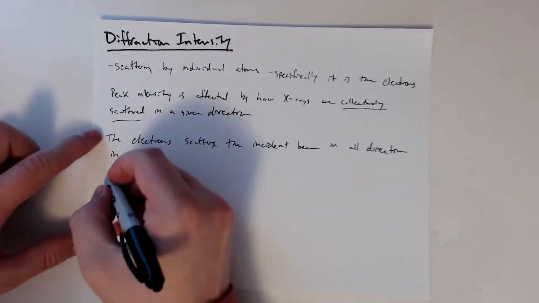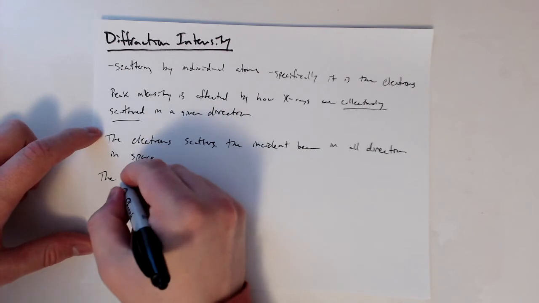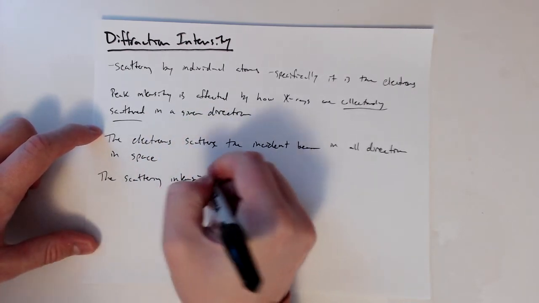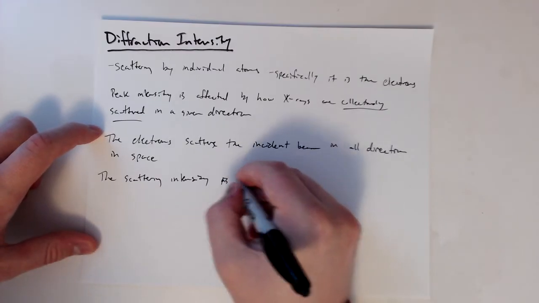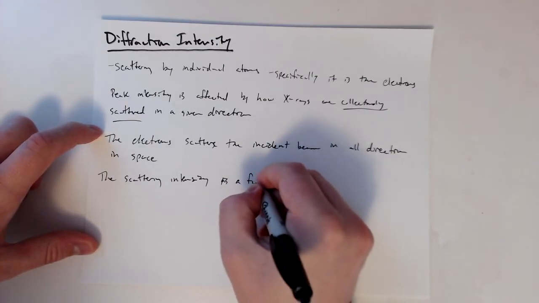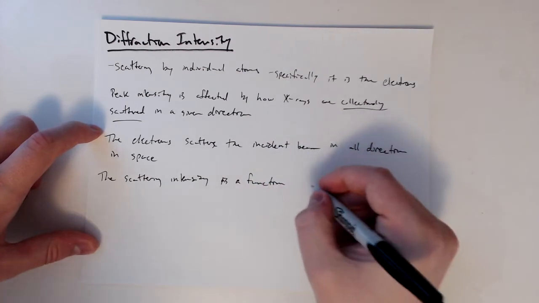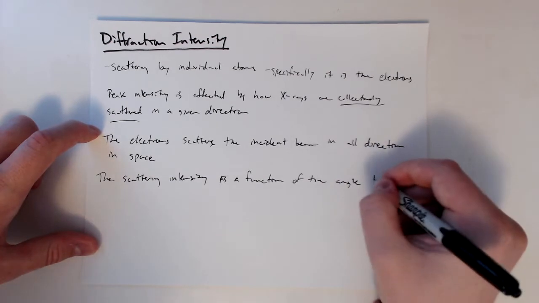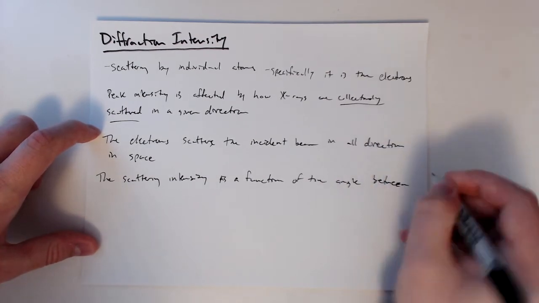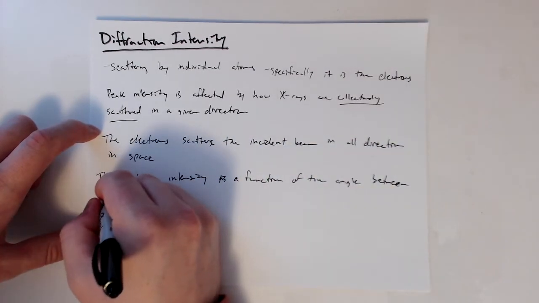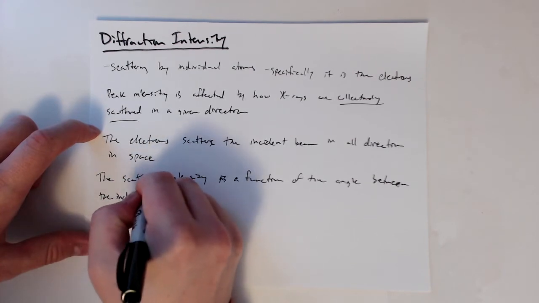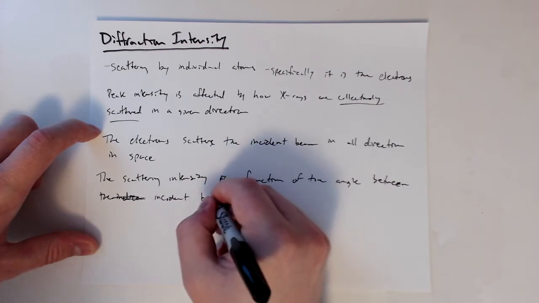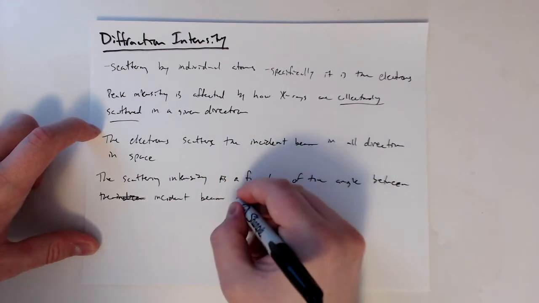So we can quantify the scattering intensity as a function of the angle. And that's the angle between the incident beam and the scattering direction.